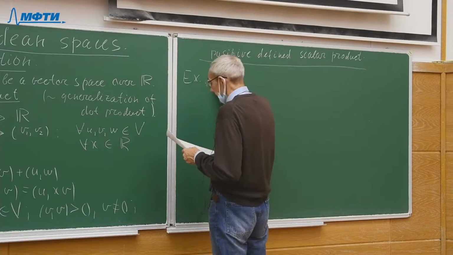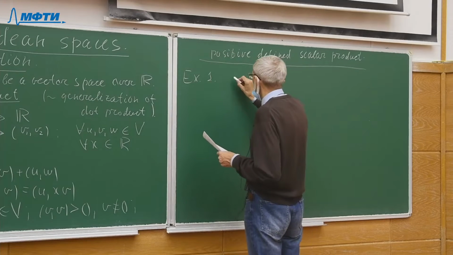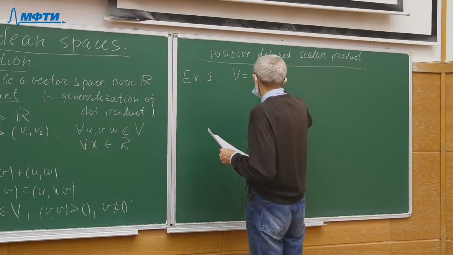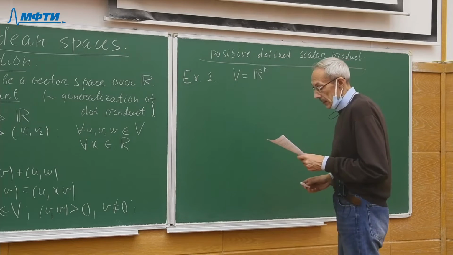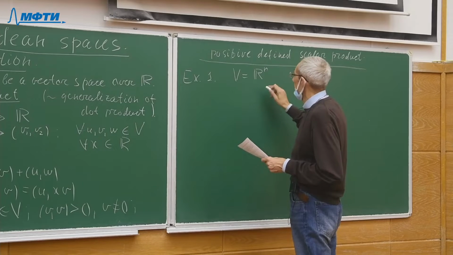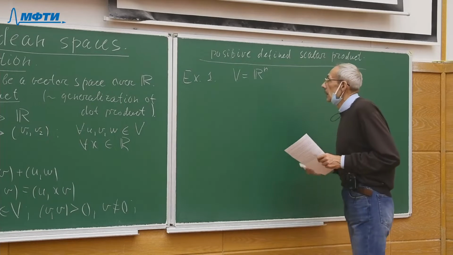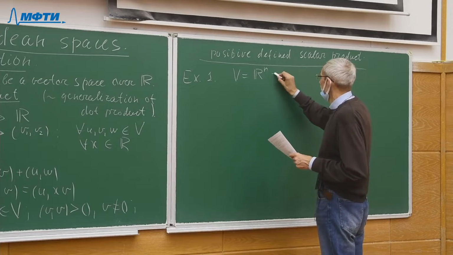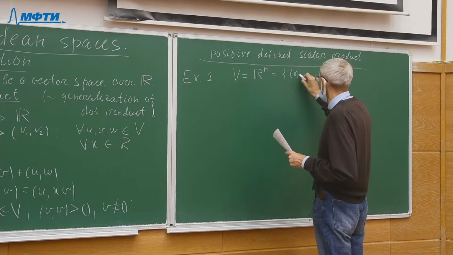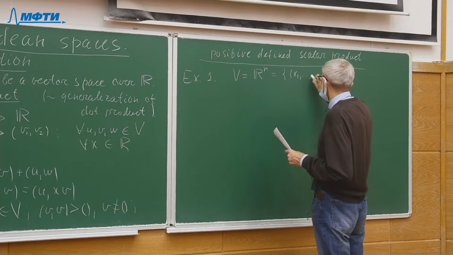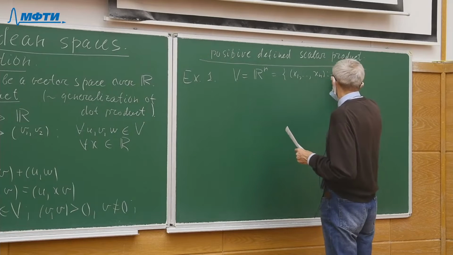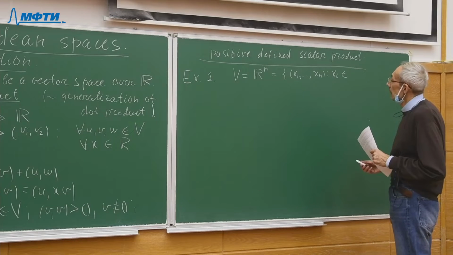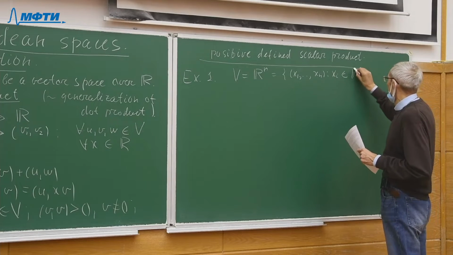Example 1. Let V be R^n. I recall that the elements of this vector space are n-tuples (x1, ..., xn), and the entries of these n-tuples are real numbers.